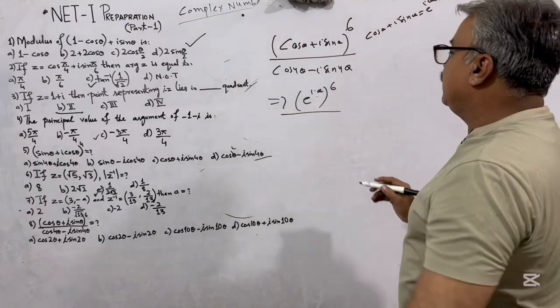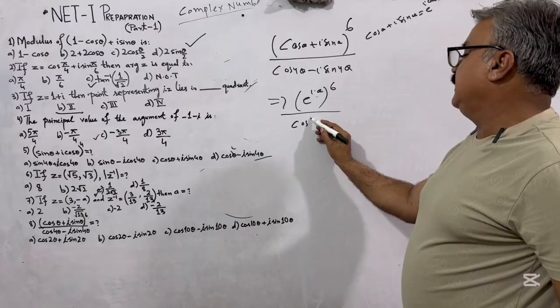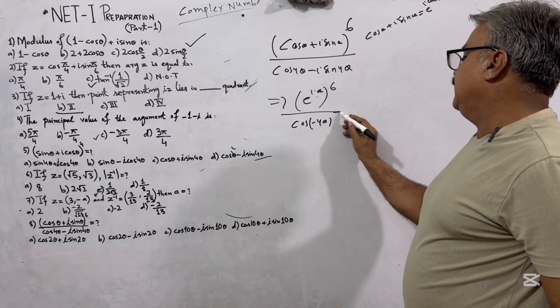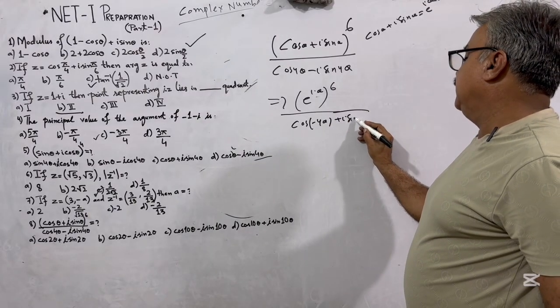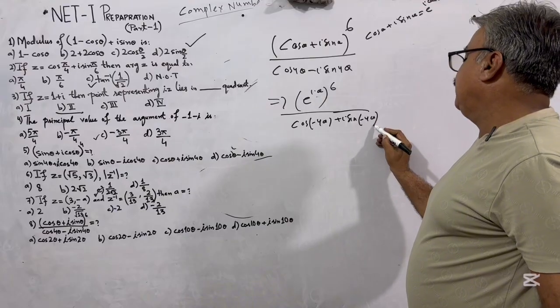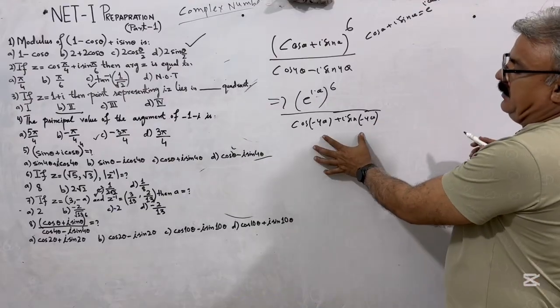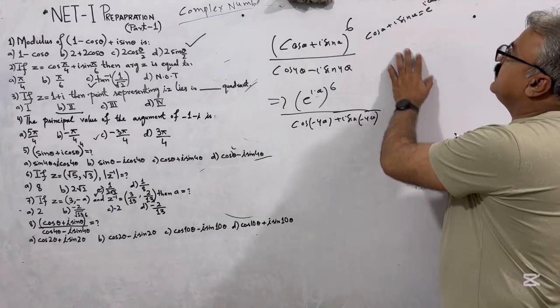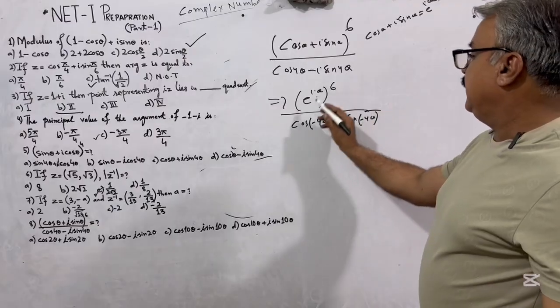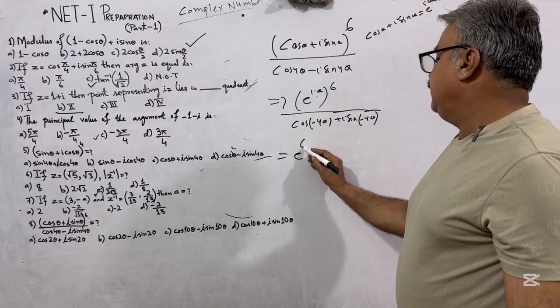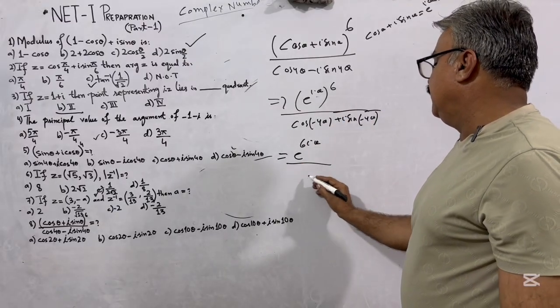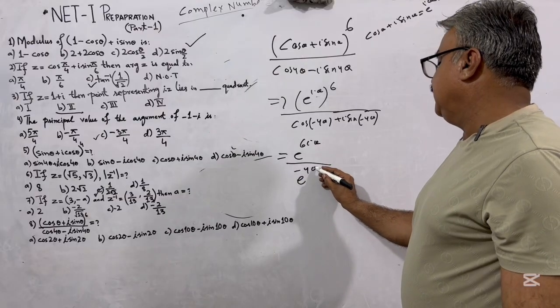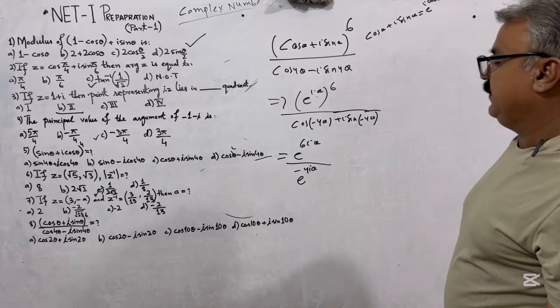Making the platform for this one, cos negative 4 theta plus iota sin negative 4 theta. Look at this. Now I am in a position to apply the same Euler identity. It will become e raised to 6 iota theta over e raised to negative 4 iota theta.